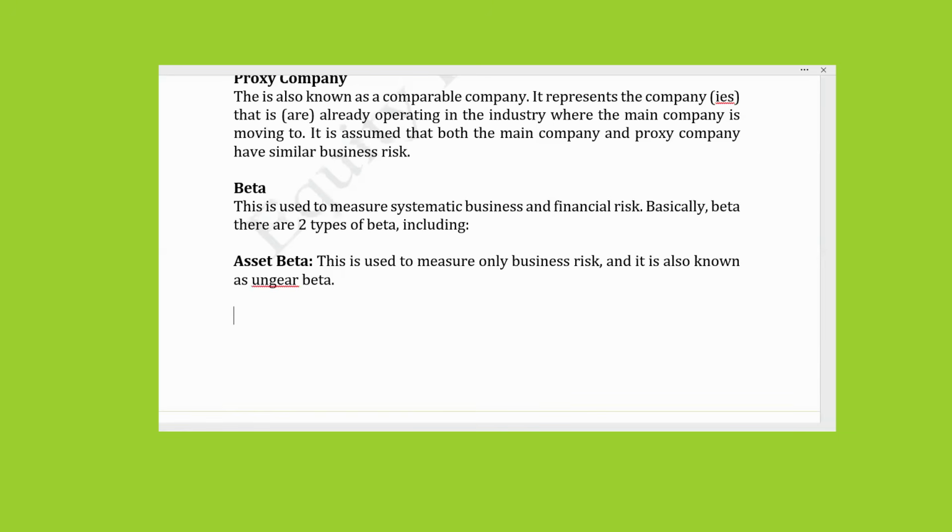The second one is equity beta. This measures both business and financial risk.